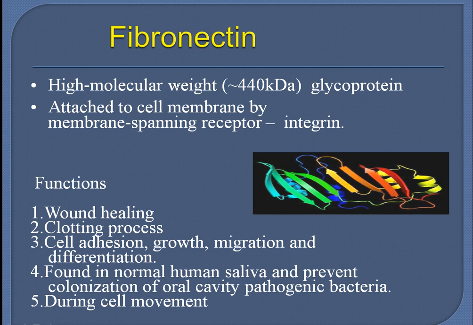Next is fibronectin. It is a high molecular weight glycoprotein. It is attached to the cell membrane by a membrane spanning receptor, integrin. Now look at its functions. First, it helps in wound healing by guiding immune cells to wounded areas.